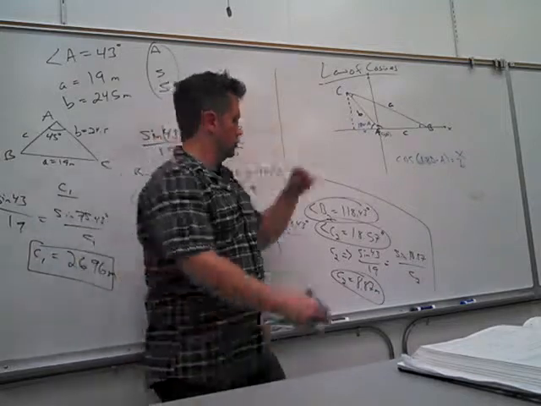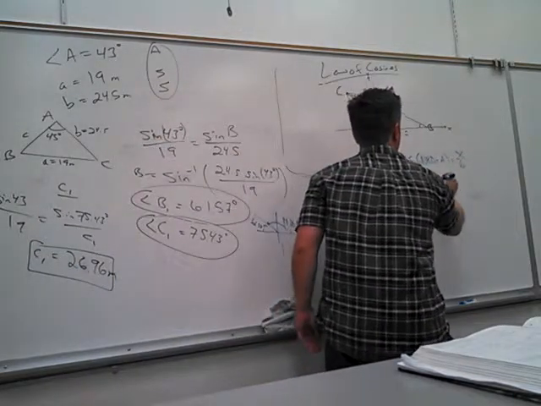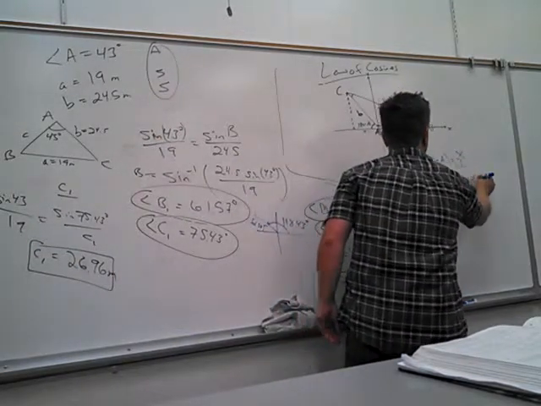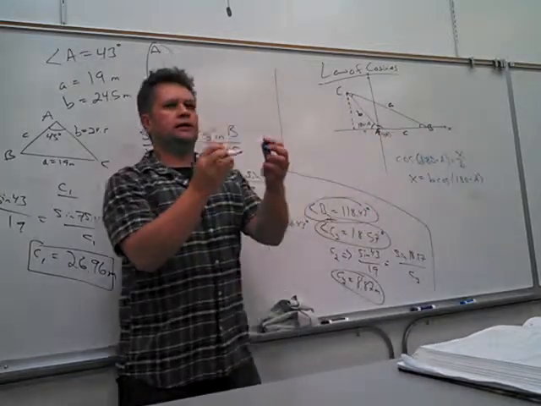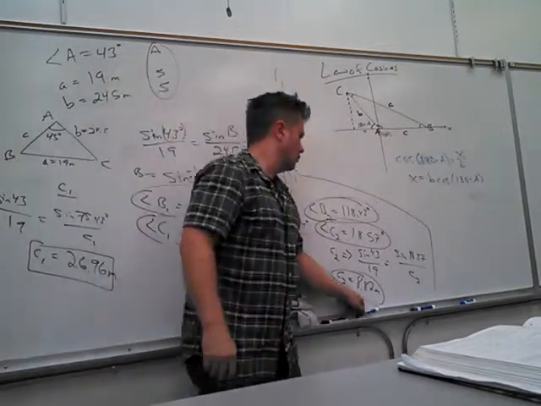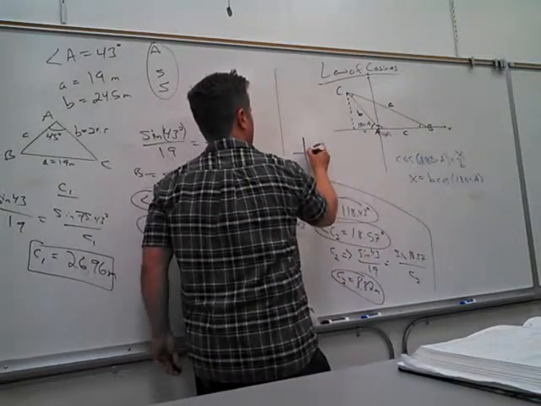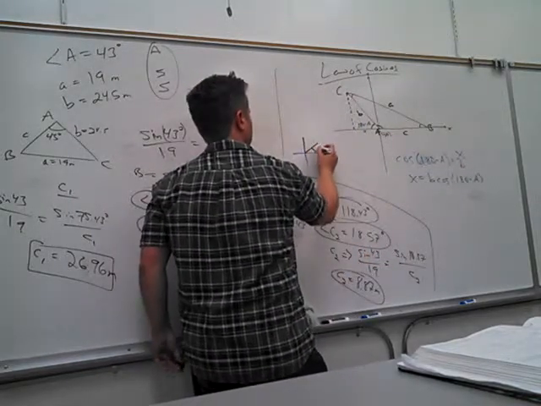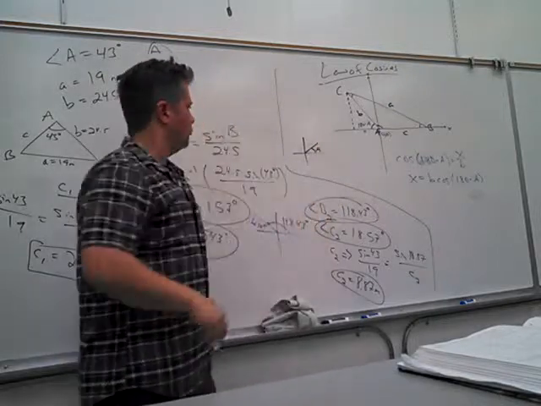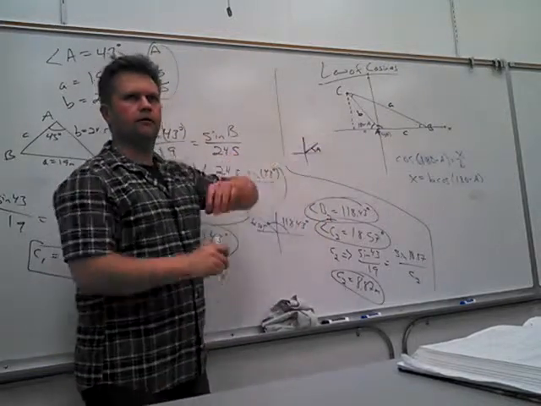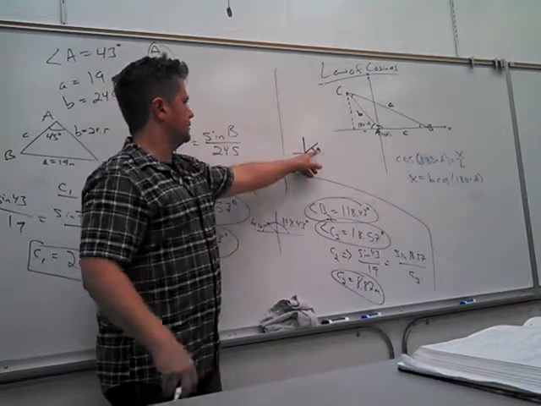Cool. So X equals B cosine of 180 minus A. Now here's a really nice thing about cosine. If I'm at an angle, let's say A, where would 180 minus A be? Let's say A is 10.